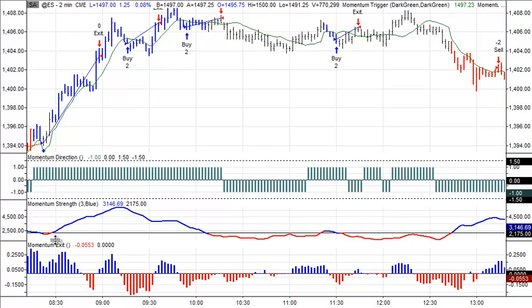When this indicator oscillates above this 2175, it changes its color to blue, indicating strong trend. When it moves below that flat line, 2175, it changes its color to red, indicating weak trend. Right? So strong trend, weak trend, strong trend, weak trend, strong trend. It doesn't tell me the direction of the trend. It just tells me how strong the trend is.